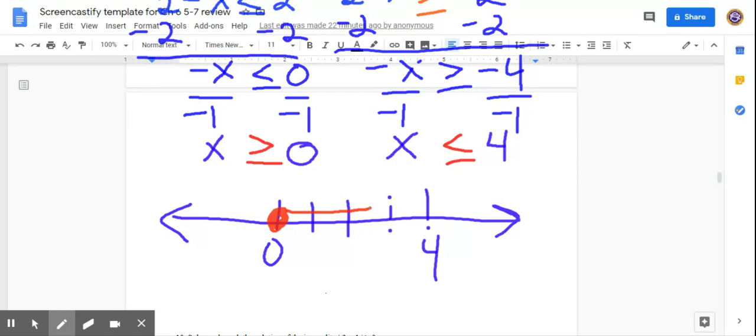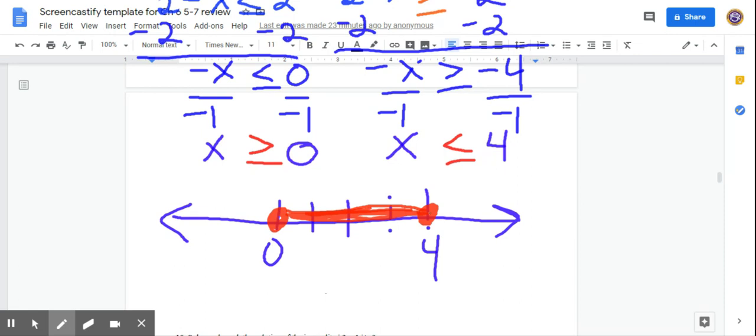X is less than or equal to 4, so solid circle or shaded in circle on the 4. And where do the numbers get smaller or less than 4? To the left. So what happens here? We have an intersection in between 0 and 4, so shade that in.